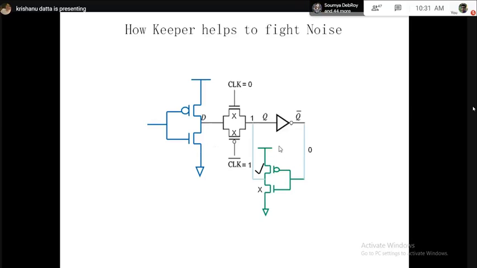That creates a very interesting voltage situation. Q, which was holding 1, is now connected to VDD through this PMOS transistor. So now Q is getting a strong connection to VDD. Previously it was just floating, but now it is not floating anymore. Q is connected to VDD through this PMOS transistor.